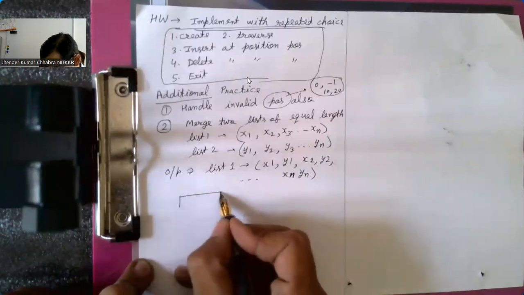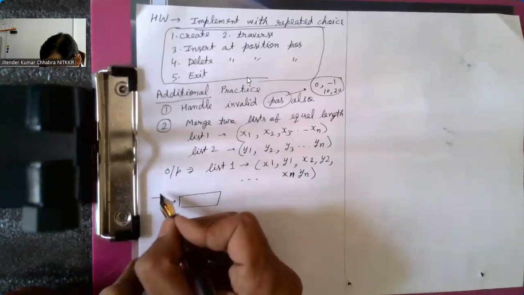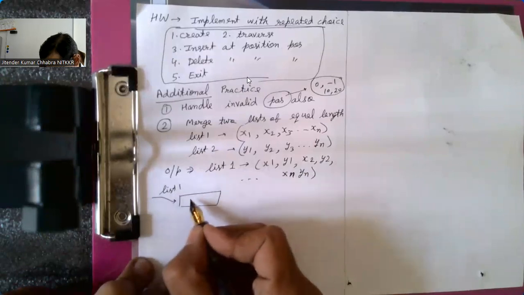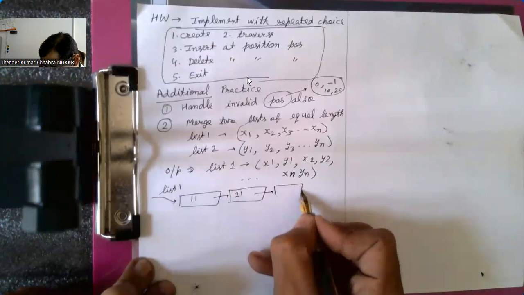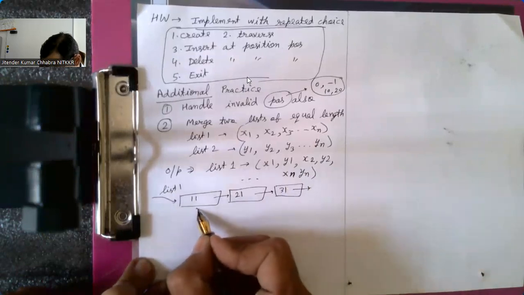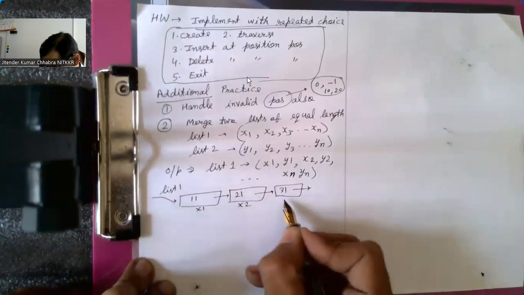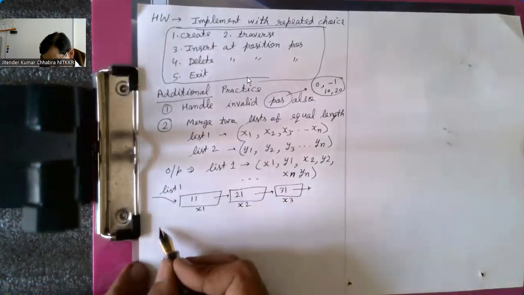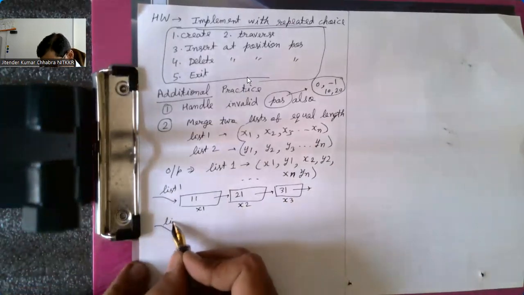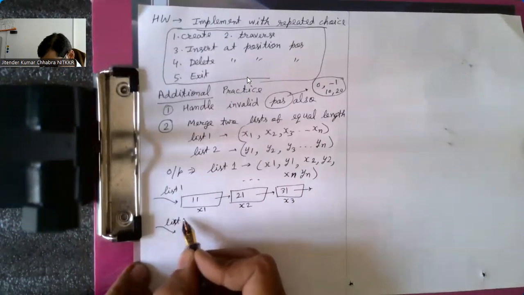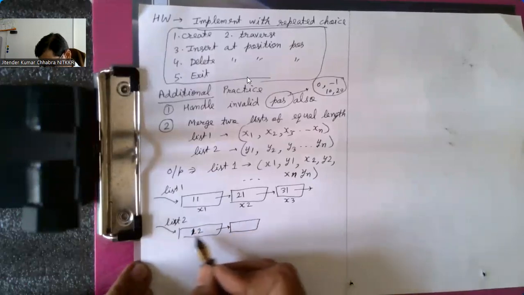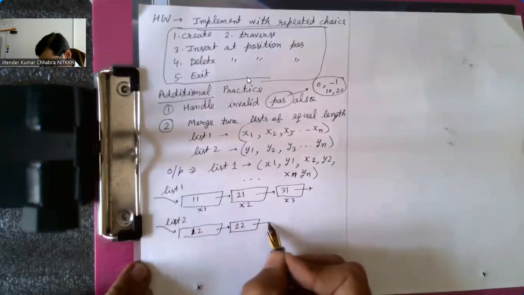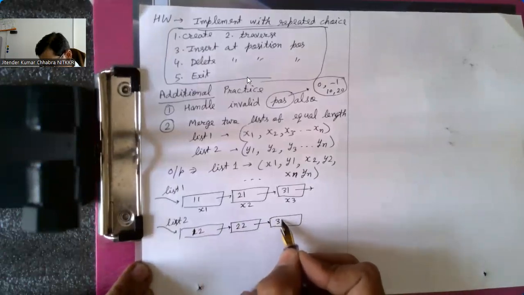Effectively meaning, let's say my list 1 is like this, it has 11, it has 21, it has 31, and so on. So this is node x1, this is node x2, this is node x3. Then I have list 2. And here I have, let's say, 12, 22, 32, and so on.